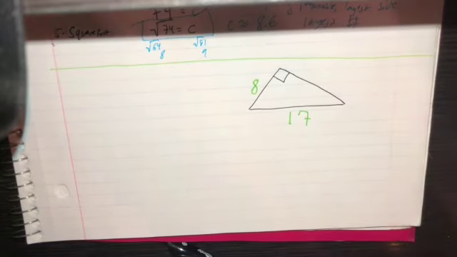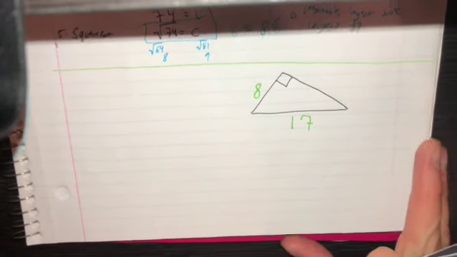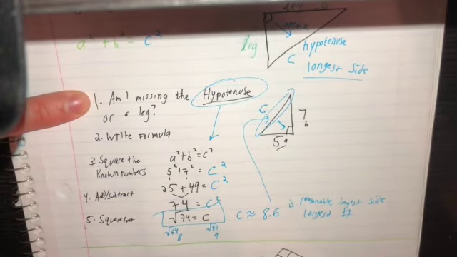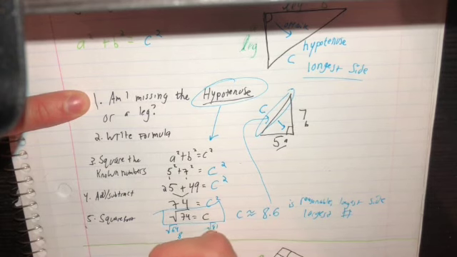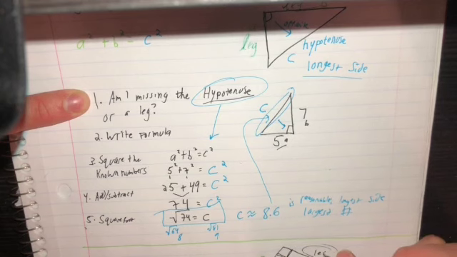Okay. So now again, I want to ask myself the same questions as above. Step 1, am I missing a hypotenuse or am I missing a leg? Here's my right angle, and I'm missing this side right here, which is next to the right angle, so that's a leg.